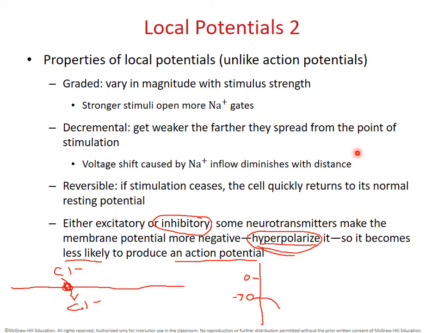So if you remember that, then you'll recognize that a motor end plate potential is a type of postsynaptic potential. It just happens to be in a muscle cell as opposed to a nerve cell. And because it causes excitation, because it results in depolarization, it is specifically an excitatory postsynaptic potential. So hopefully this is not completely foreign to us. We're just using a new set of terminology to describe a phenomenon that hopefully is somewhat familiar.